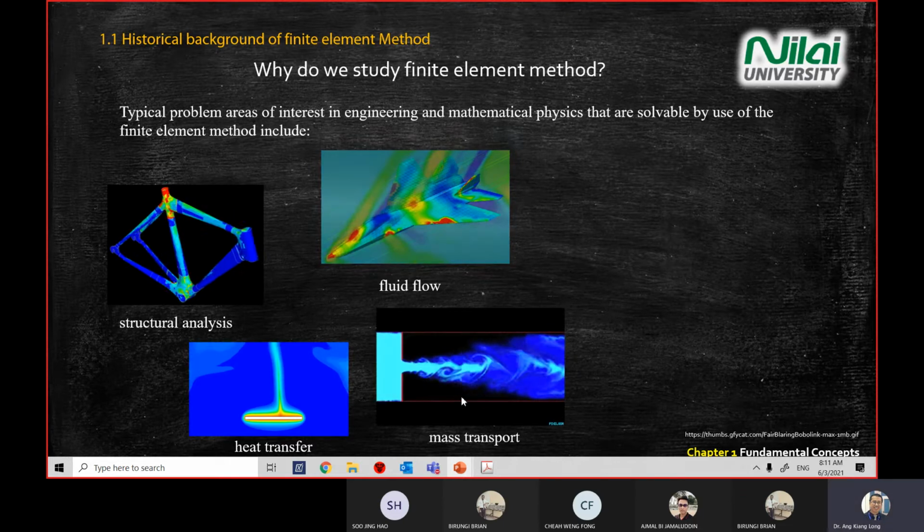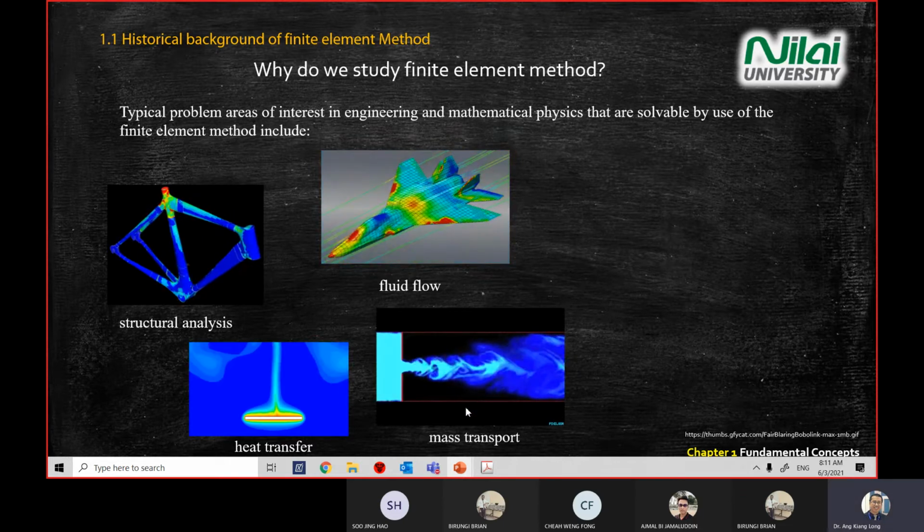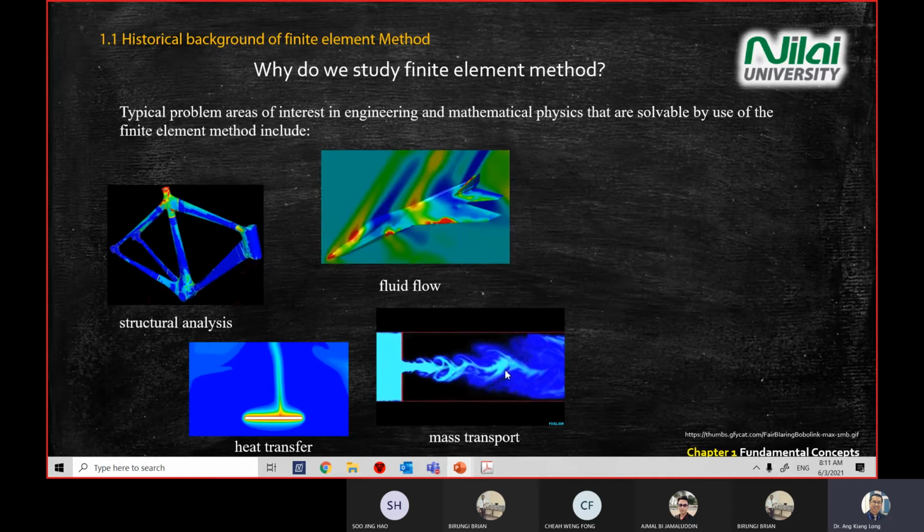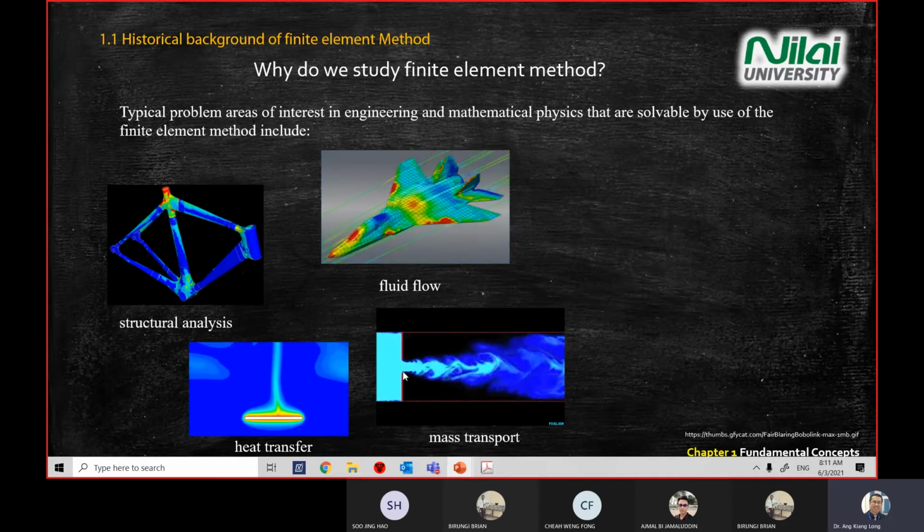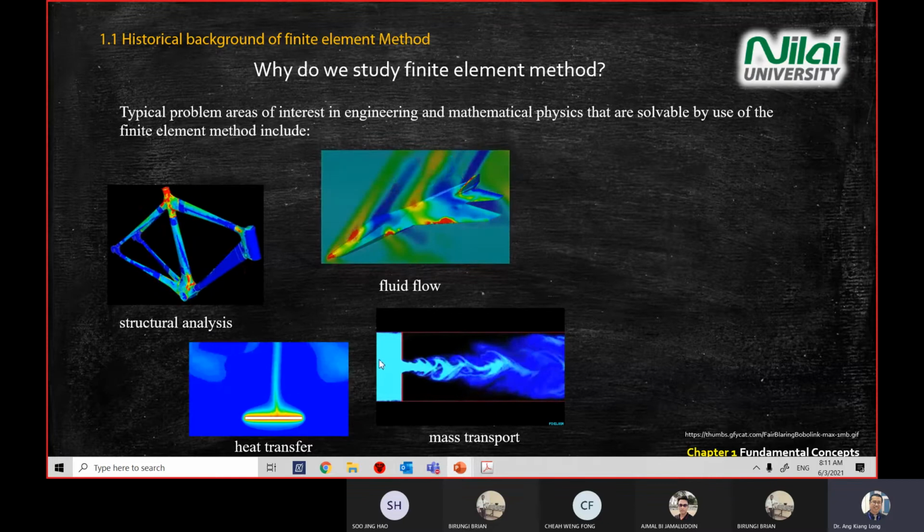The fourth one, we can use finite element to analyze mass transport. Yeah, mass transport, meaning if the mass is flowing from one place to another place, then you can use finite element method to compute or to analyze the behavior. Right? In this case, you are seeing it in two dimensions.